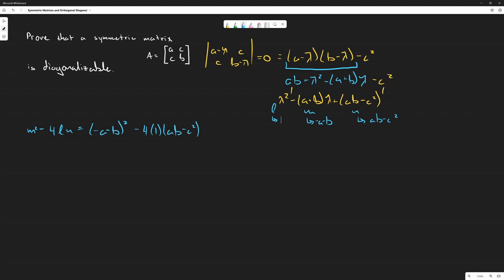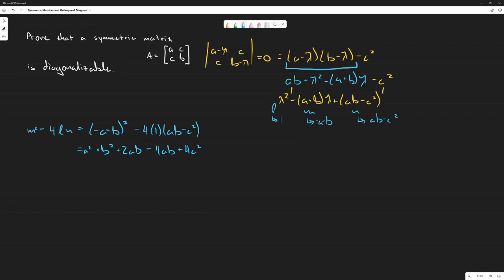I am going to expand this a little bit and see if I can cancel anything out or simplify it into one equation. Expanding (negative a minus b) squared gives a squared plus b squared plus 2ab, then distribute the 4, so we have minus 4ab plus 4c squared.